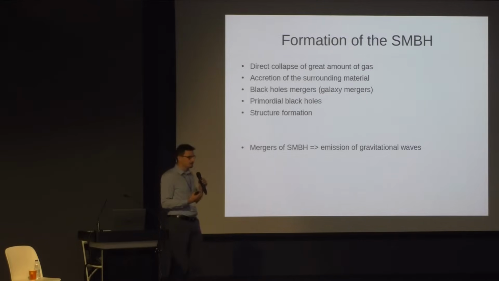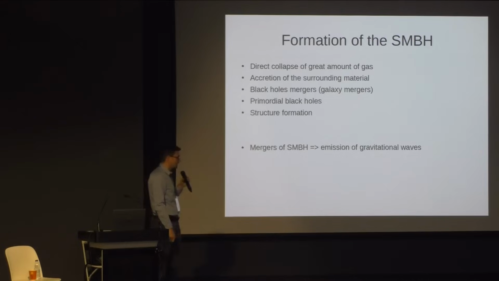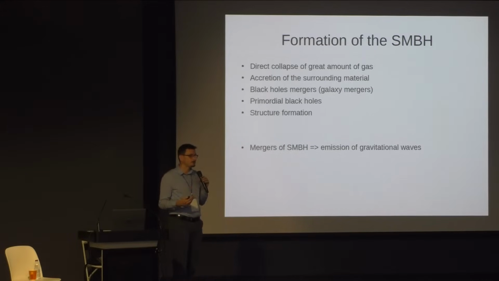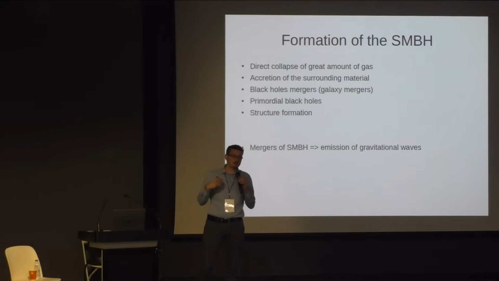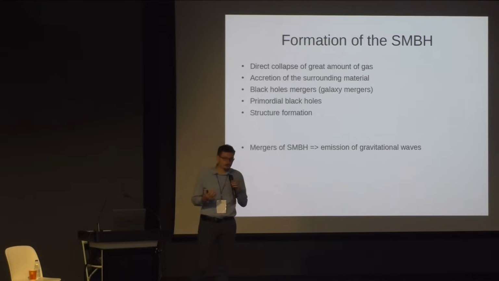So you need to have a different scenario for their formation. One of the proposed scenarios is the direct collapse of a great amount of gas. In the beginning of galactic formation, dark matter halos attract the baryons in their centers, and then we have a large amount of gas, for example 10^5 or 10^6 solar masses.